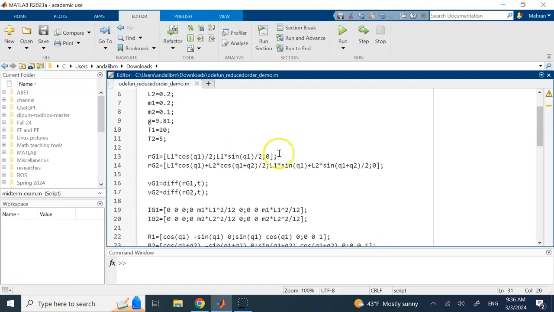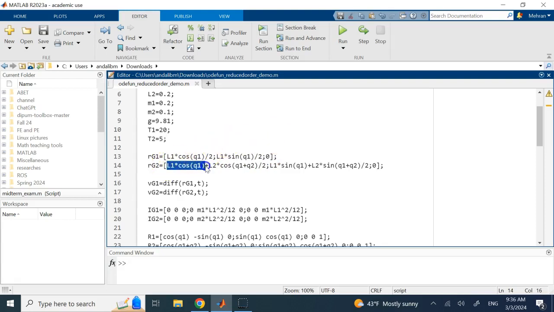So if I go back, R of centroid 1 is L1 cosine q1 over 2, and L1 sine q1 over 2, if we assume the centroid of mass of member 1 is in the center, and z is 0 because it's a planar robot.